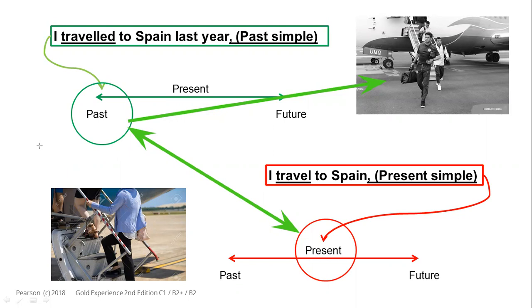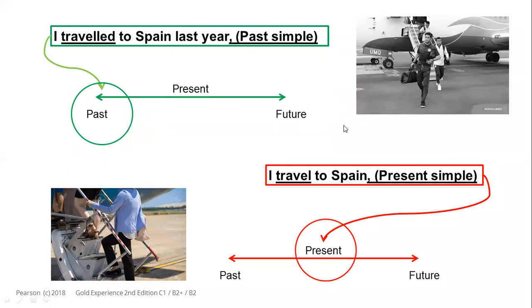The first one, the green one, is talking about an action that finished. But when we want to talk about something that is just going to happen, we're talking about the ones in red. For example, I travel to Spain. So don't get confused by using these sentences.